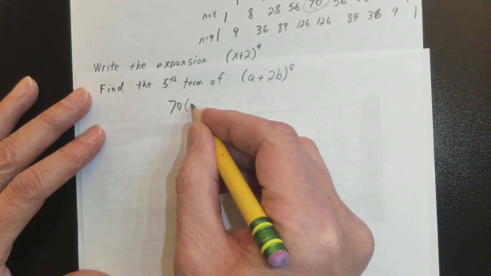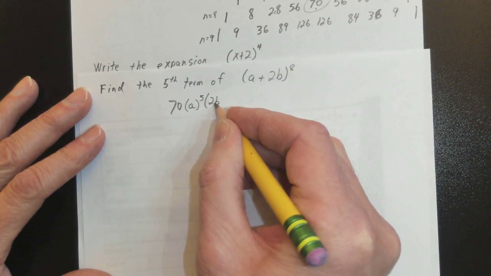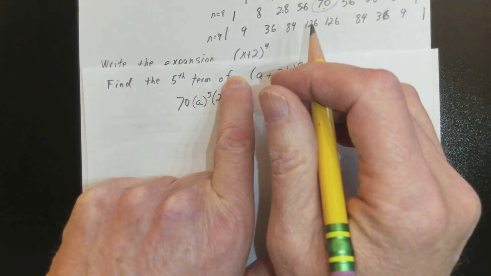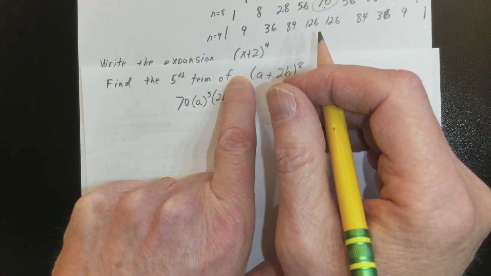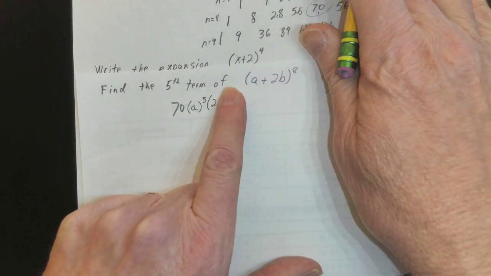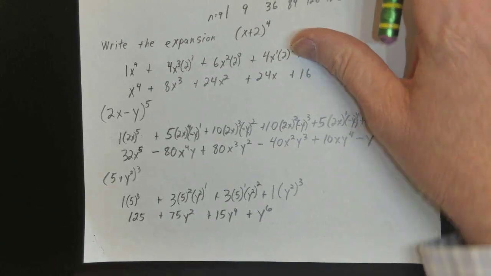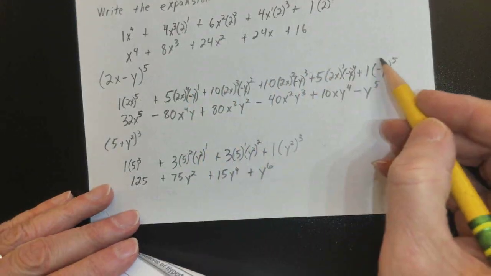Now, the first one, I would go a to the fifth. Do you know what I would go with for 2b? Don't look. What would I go for 2b? What have these two always been adding up to on all these? Like 4 and 1, 3 and 2, 2 and 3, 1 and 4, 5.